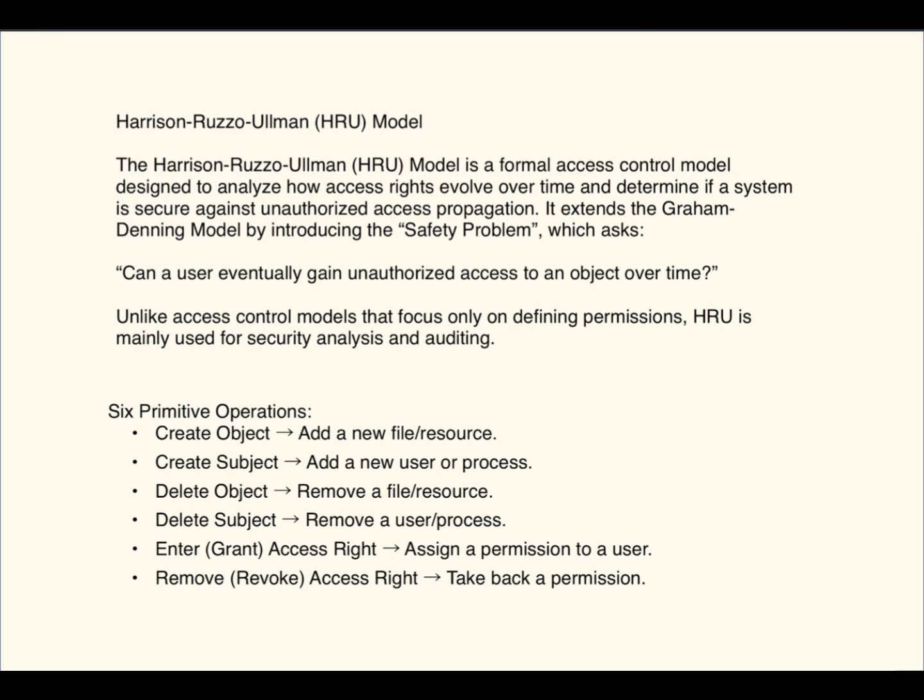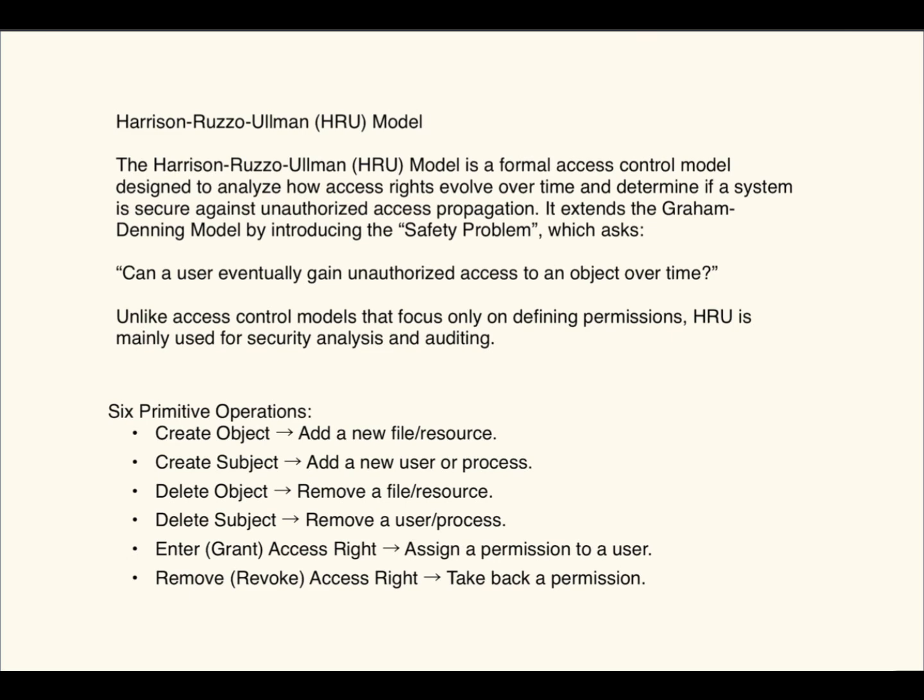There is a matrix which is maintained for subjects and users, showing who has access to which object. It is a table that tracks which subjects, users or processes have access to which objects, like files and resources.